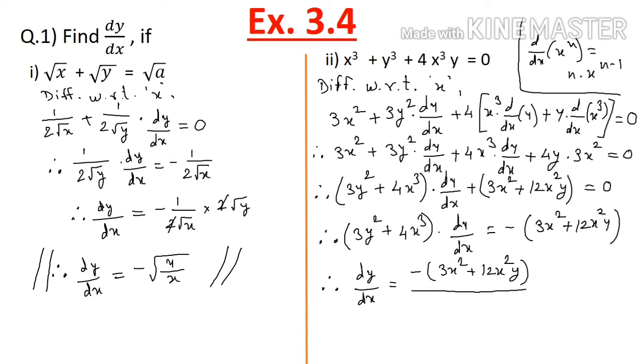This 3y² + 4x³ will go for division on RHS. So you get 3y² + 4x³ in the denominator. Understood? So this is your final answer.